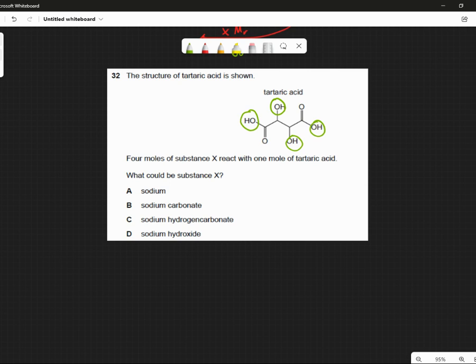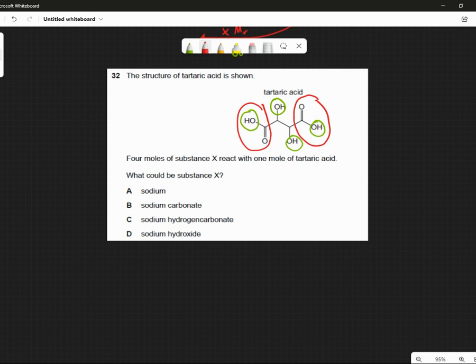No, darling. Sodium carbonate will react with the acidic OH groups. That's a carboxylic acid, and that's a carboxylic acid. Actually, I think it's going to be 1 mole, because you've got 2 sodiums there. So I've done that wrong.